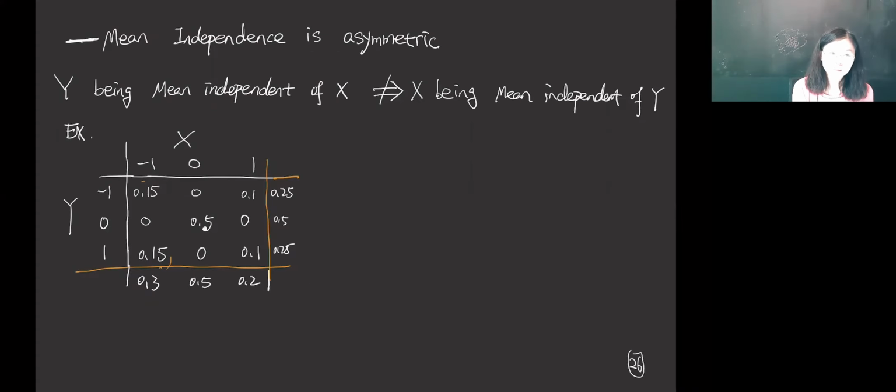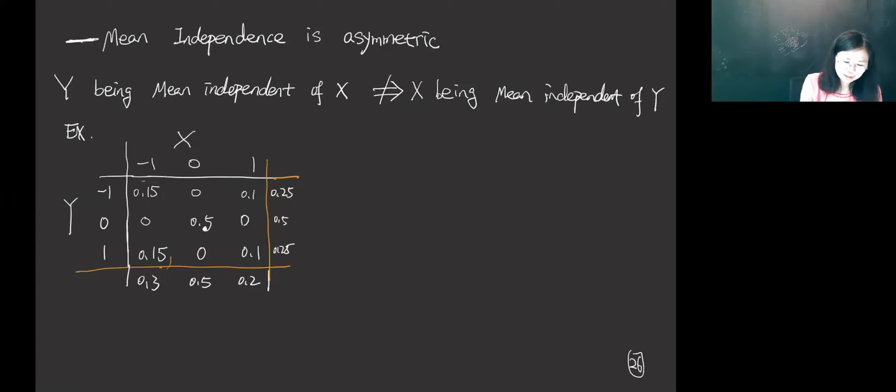The second fact about mean independence is that mean independence is asymmetric. What that means is that y being mean independent of x does not imply that x is also mean independent of y. Let's prove that by considering this counterexample, which is a slight modification of the example on the previous page. In this example, I show that y is mean independent of x.